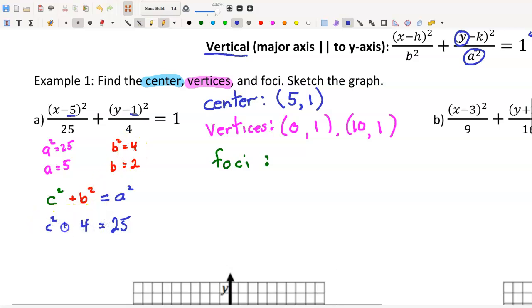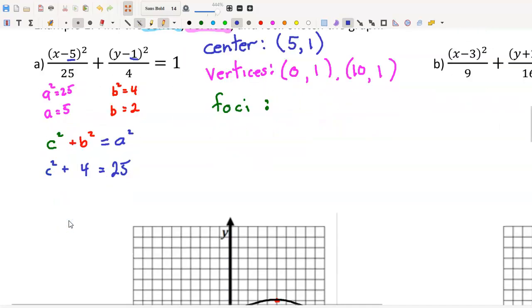So we can just solve for C. Now C squared is 21 by subtracting 4 on both sides. And C is going to be equal to the square root of 21, which, using a calculator, is approximately 4.6.